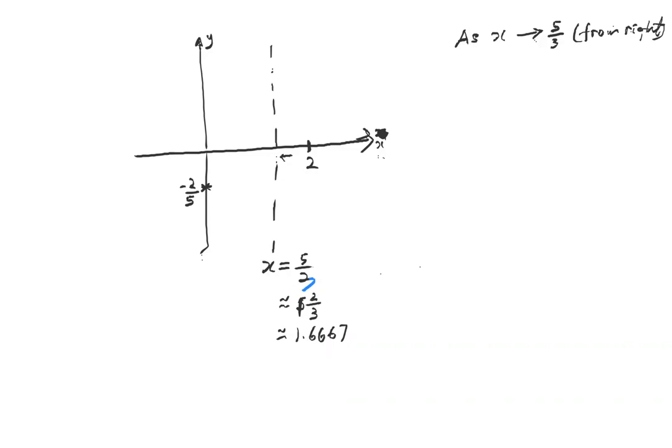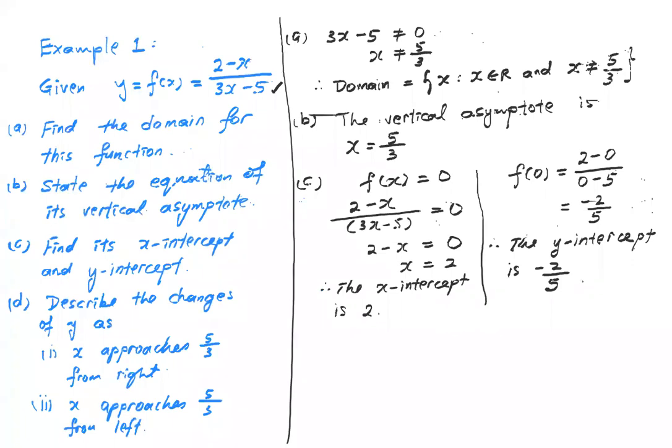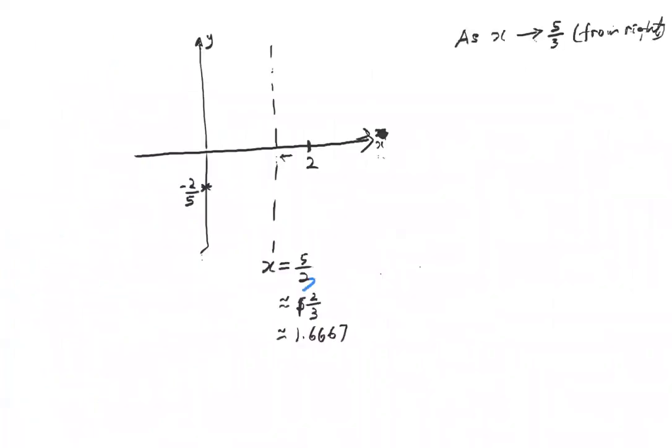One is the top, that is 2 minus x. Am I right? Okay, now let's have a look. So what happened to 2 minus x? It will approach a number. 2 minus 5/3.